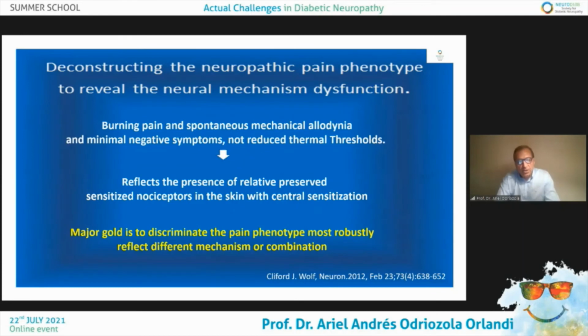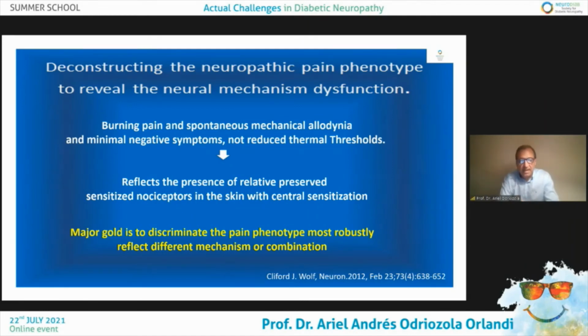This slide shows the next characteristic phenotype of painful diabetic polyneuropathy, that reflects the mechanism. Here you can see it's different because it's a burning pain clinical picture, with spontaneous pain, mechanical allodynia and minimal negative symptoms, with no reduced thermal thresholds.